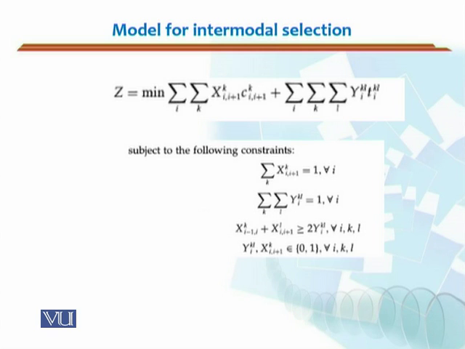And x(i-1,i,k), that is from the previous city to the current city, plus x(i,i+1,l), that is from the current city to the next city, should be greater than or equal to 2yikl for all i, k and l's. And of course, yikl and xi,i+1,k belong to 0 or 1. They are either 0 or they are 1 for all i, k and l.